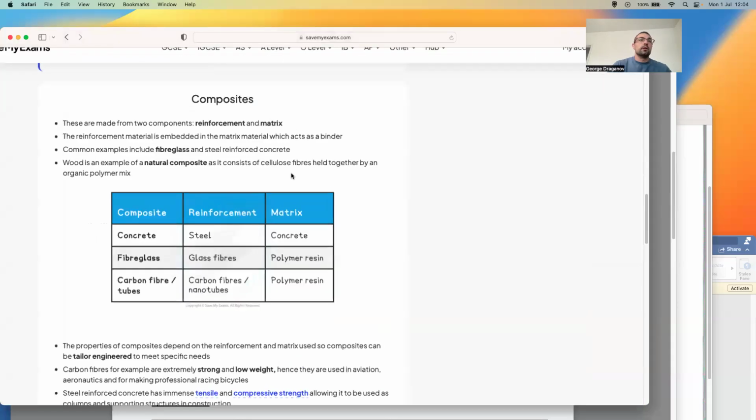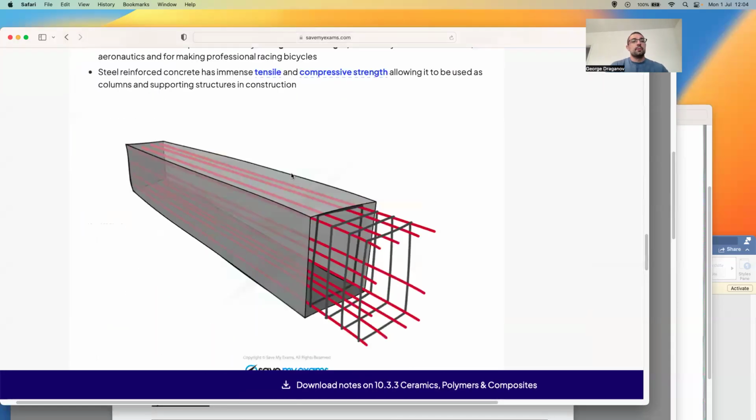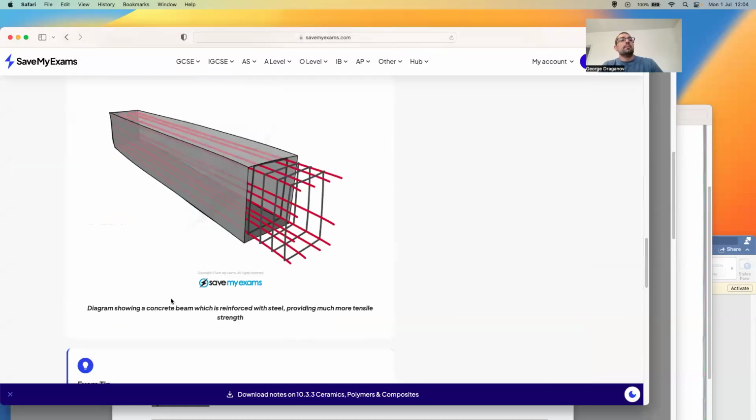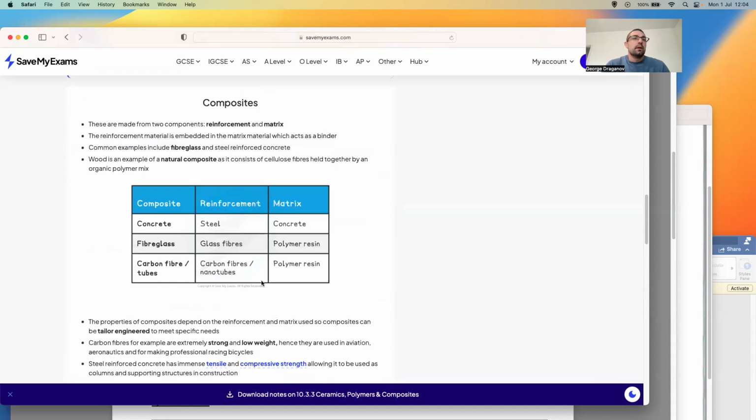Composites, this is where I like to show you this picture here. Okay, so a concrete beam, reinforced with steel, providing it with more tensile strength, used to build buildings. So steel is going to be a reinforcement. Your matrix is all the bit around it, which is the concrete. So that way I would just learn these three.